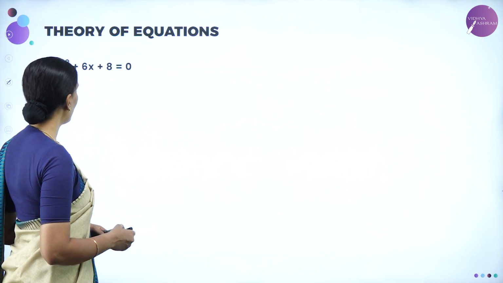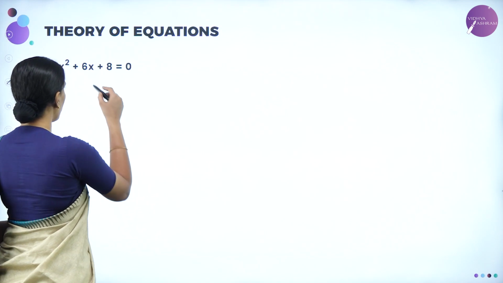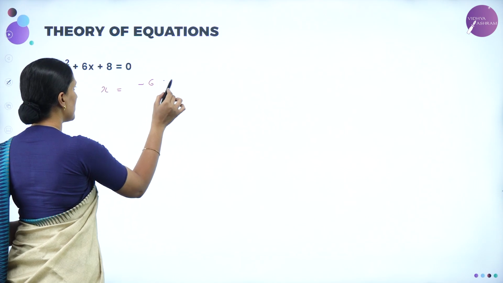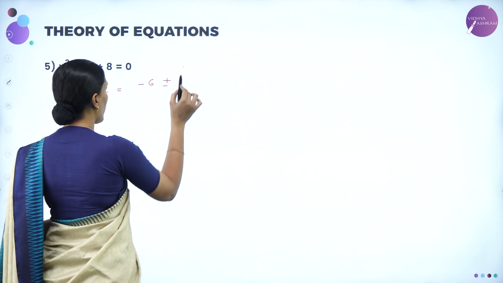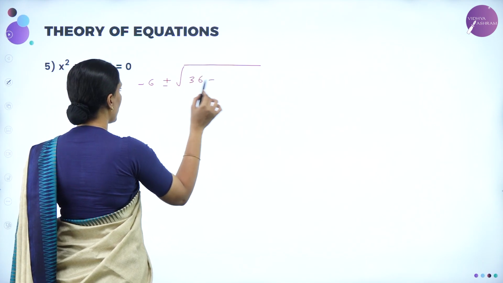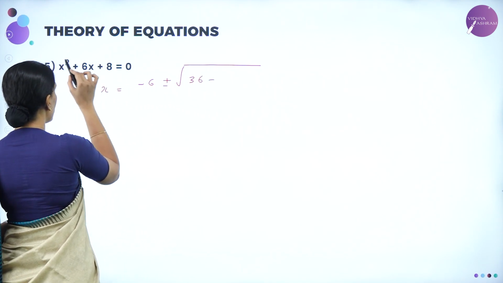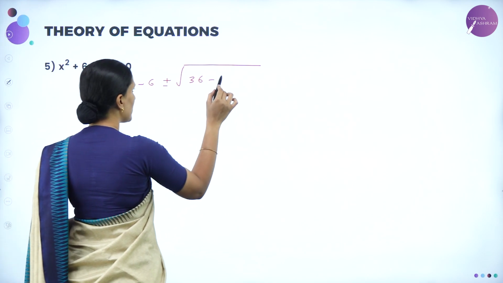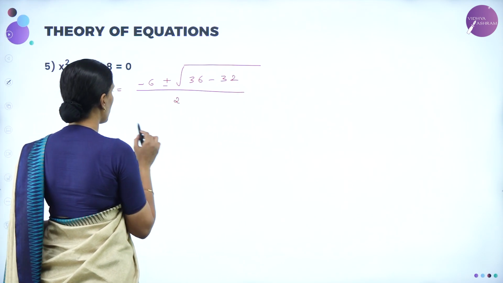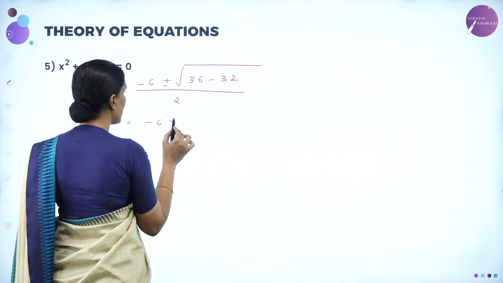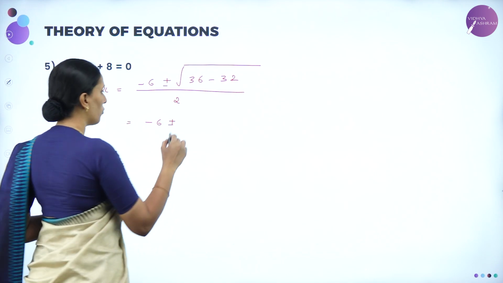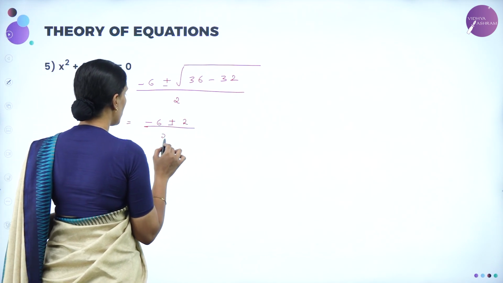Next, x square plus 6x plus 8 is equal to 0. So x is equal to minus b, which is minus 6, plus or minus square root of b square, 6 square 36, minus 4ac, 4 into a into c, so that is 32, divided by 2 into 1, which is 2. So we have minus 6 plus or minus the square root of 36 minus 32, which is root 4, that is 2, divided by 2.